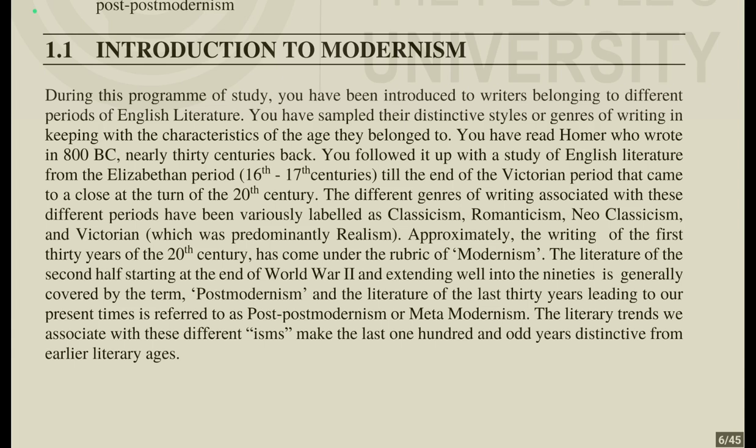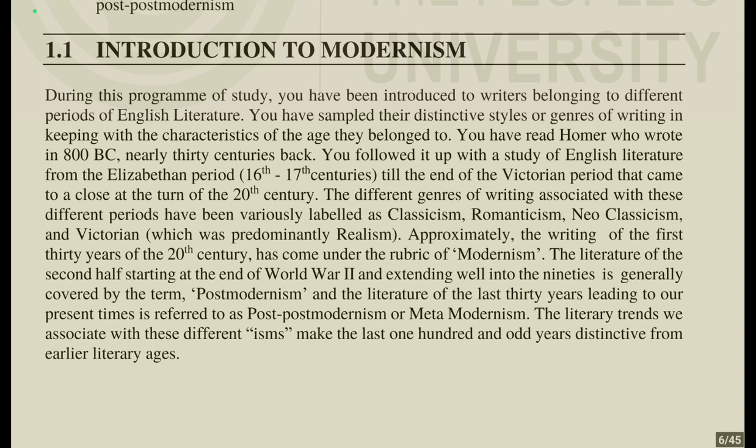The different genres of writing associated with these different periods have been variously labeled as classicism, romanticism, neoclassicism, and Victorian, which was predominantly realism. These were the different genres of writing that were in between these different kinds of periods.